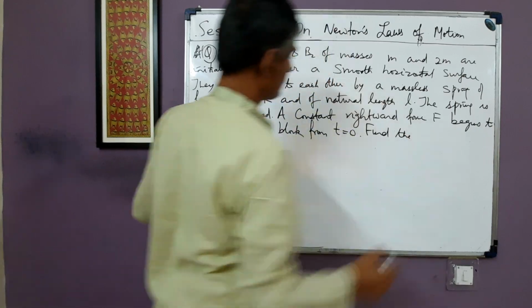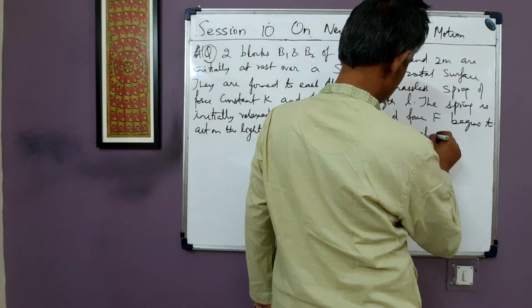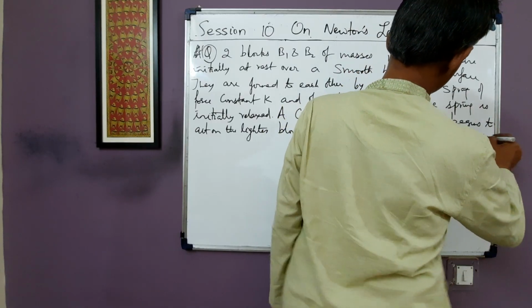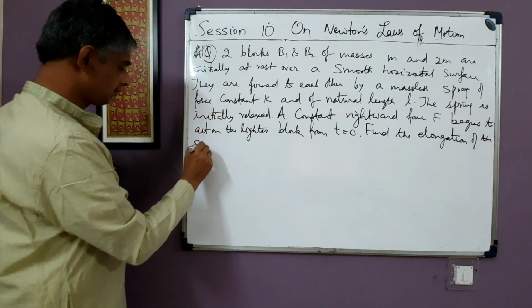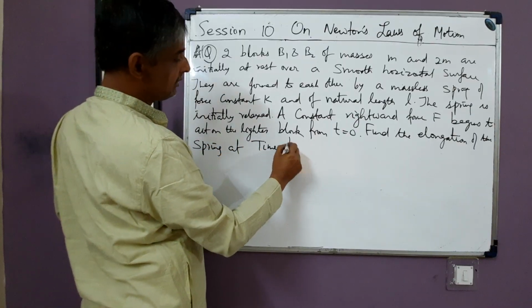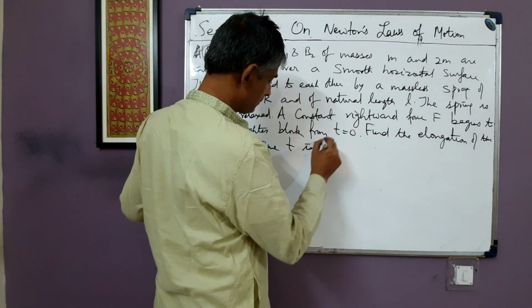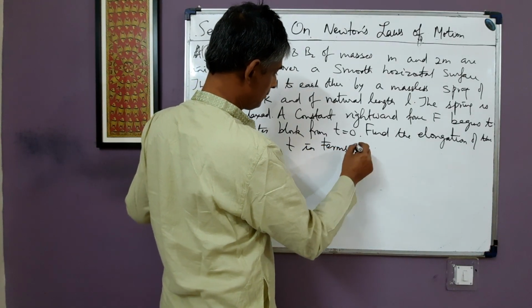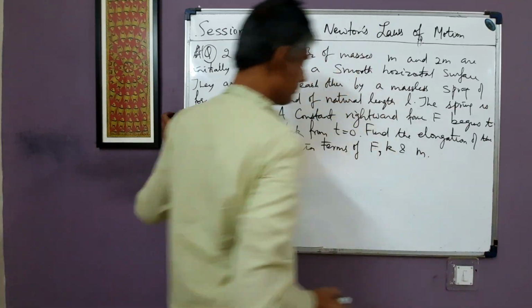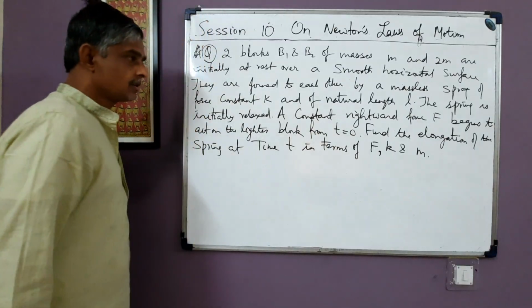Find the elongation of the spring at time t in terms of F, K and M. This is the required question.